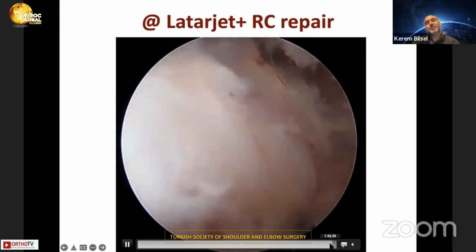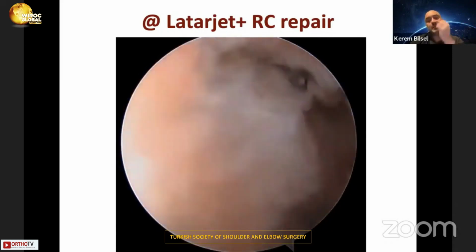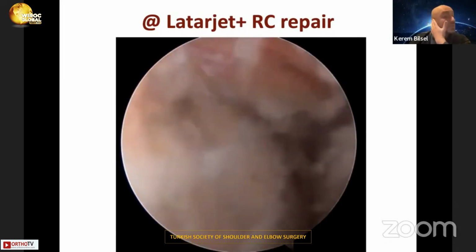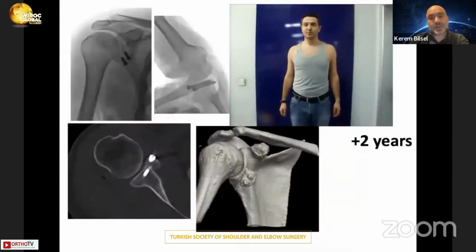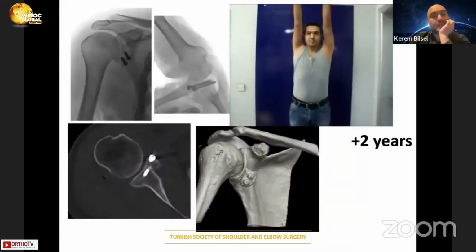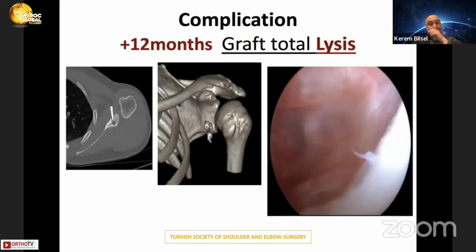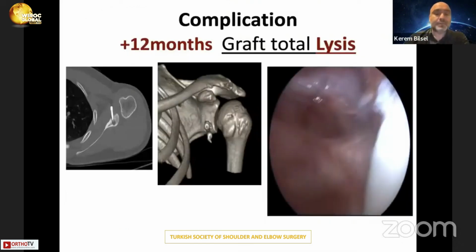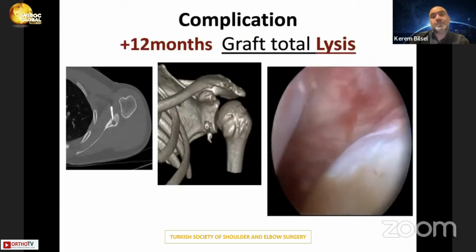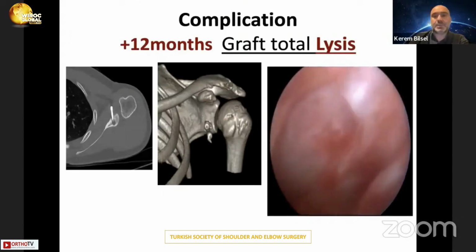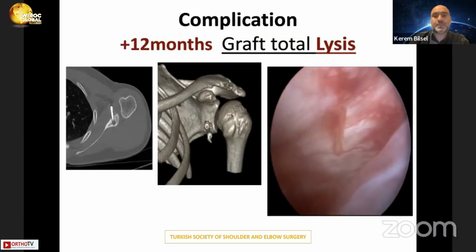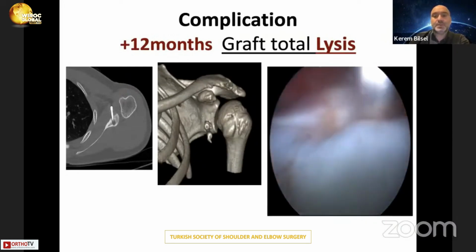So it gives you an advantage to see the associated lesion and then check the graft inside the joint and the position of the graft. But we sometimes have some complication like that. After 1 year, we can see some graft lysis, graft total lysis. As you see, this is the second look arthroscopy.